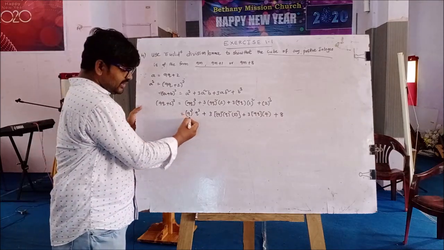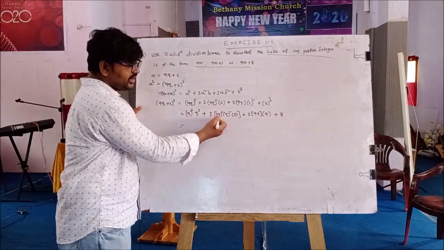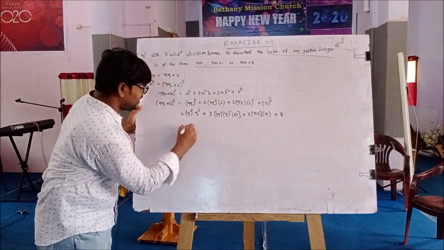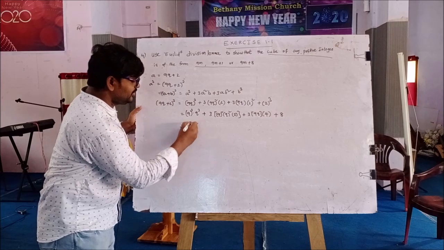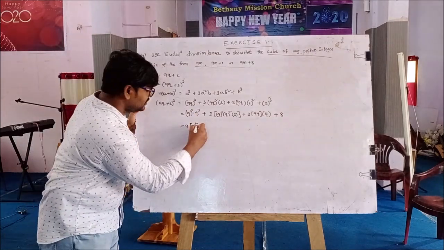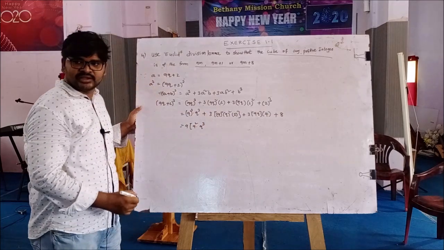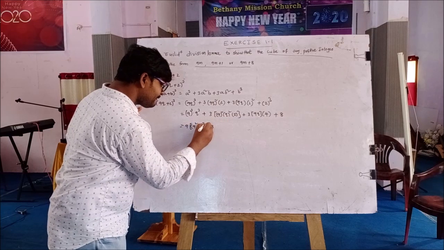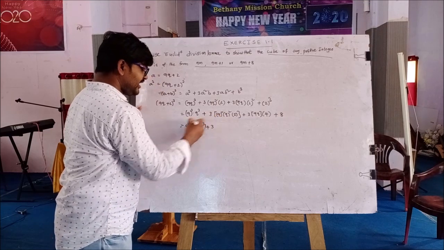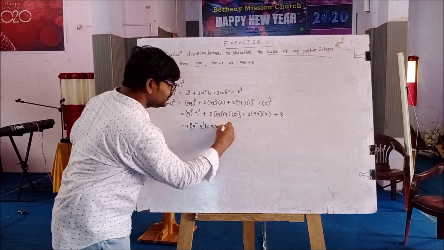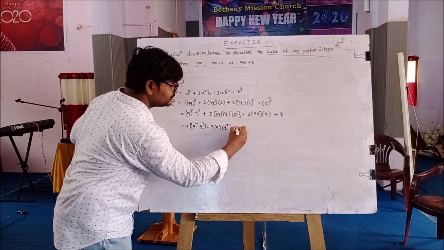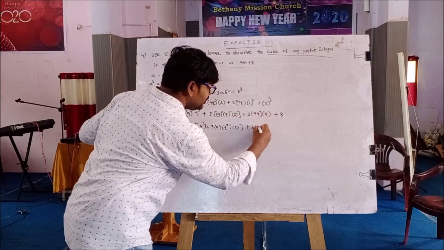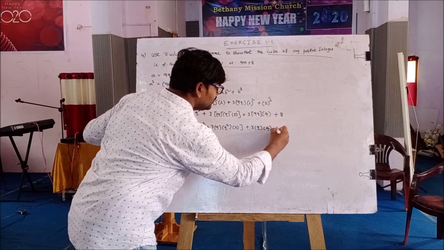So here 9 cube, 9 is there, and also 9 is there. So take common 9. So 9 into 9 square, 9 cube into q cube, clear, plus 3 into, already 9 square, 9 common, so here 9 into q square into 2, plus 3 into 9 take common, so 3 into q into 4, plus 8.